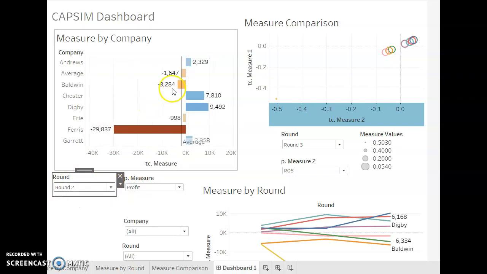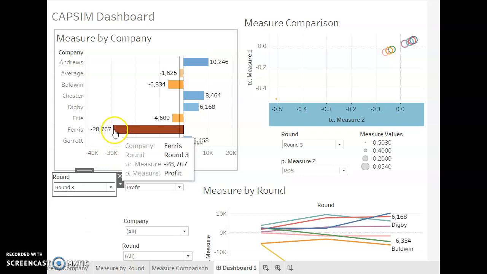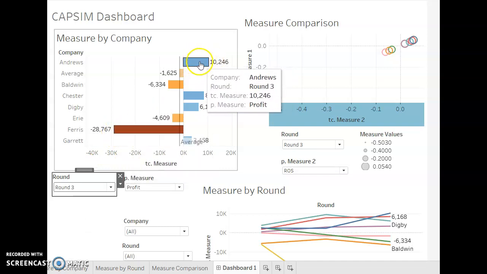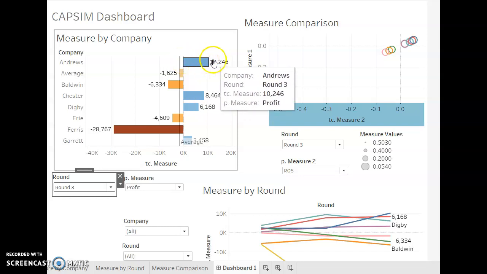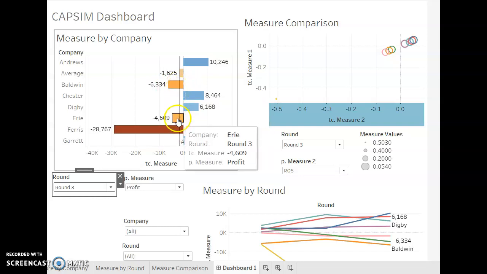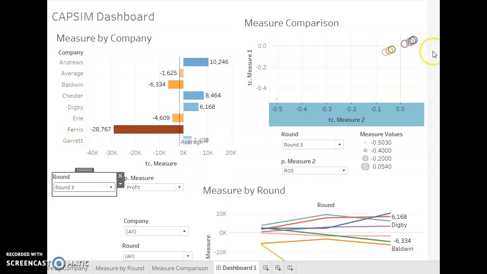Round two, Baldwin was able to get closer to the zero line, but Ferris is very much still negative. And at the end of round three, Ferris negative, with Andrews with the most profit by the end of round three, and Baldwin catching up there, as well as Baldwin and Erie also in the negative along with Ferris.